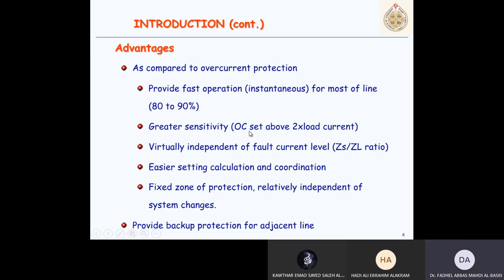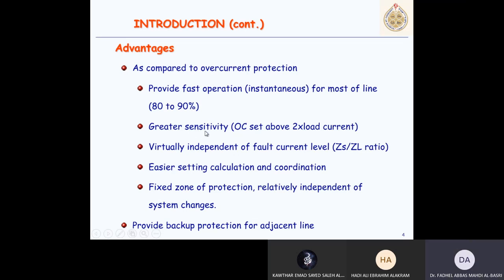Greater sensitivity. In an overcurrent relay, we need to set the pickup setting to a minimum of 1.5 times the full load current, while here the setting is different. I set a distance, an impedance, rather than based on current. So the measured impedance is independent of the current.